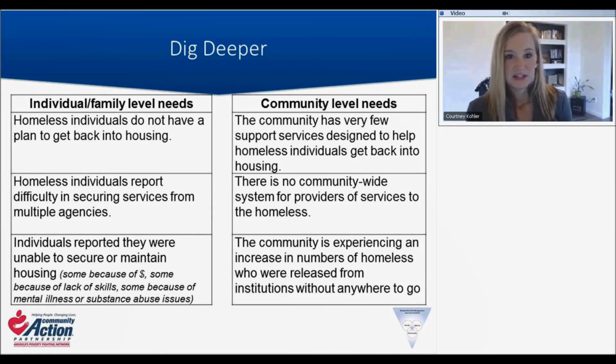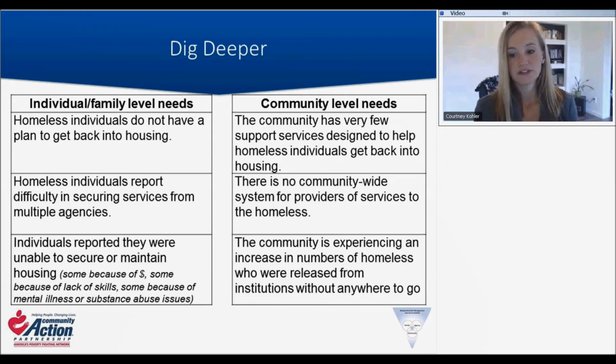As we dig deeper, something we want to highlight is that the lack of support services contributes to chronic homelessness. Individuals report that they can't get back into a home and stay there because of this lack of support services. So we asked, how do we know this? This is how we dig deeper.